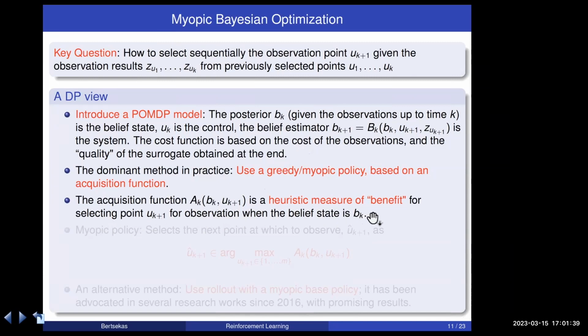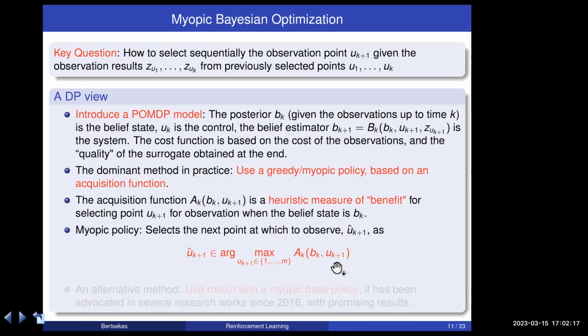So I'm sitting at belief state Bk, I'm considering all these various possible measurements, and I compute this acquisition function, the benefit of choosing a particular control. And then I choose a control that minimizes or maximizes, in this case, by tradition, the acquisition function. So the myopic policy is to select the next point to observe to be the one that maximizes the acquisition function, which is defined for every u and also at the given posterior that you have.